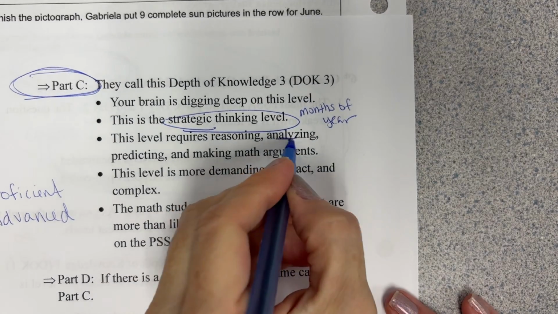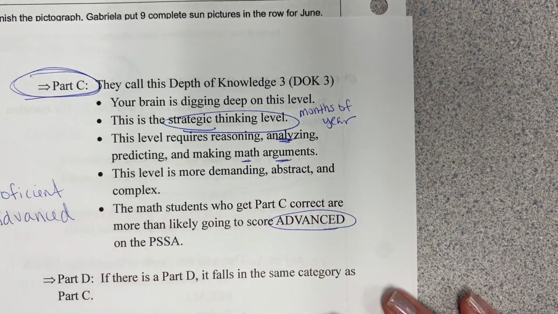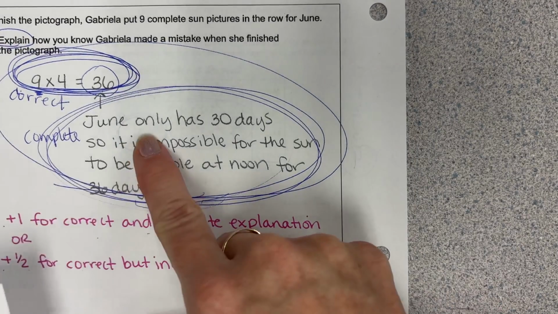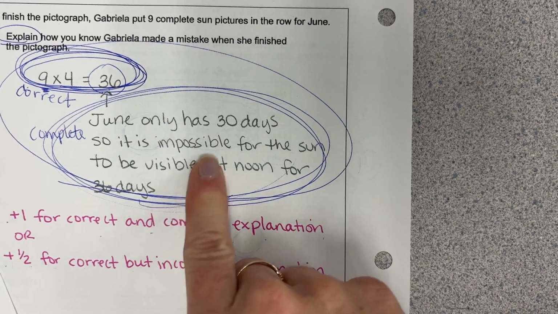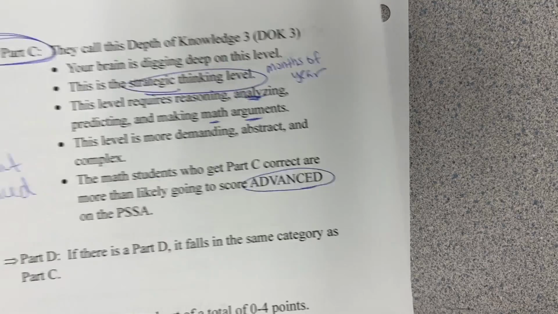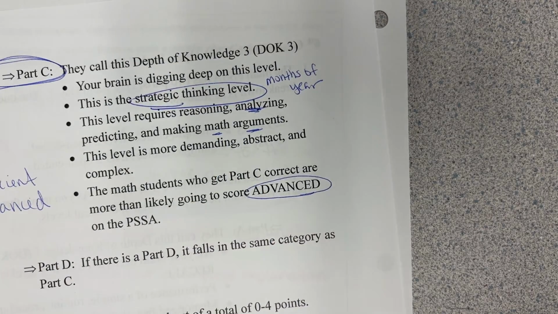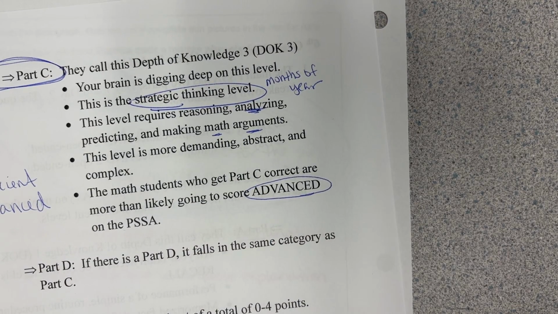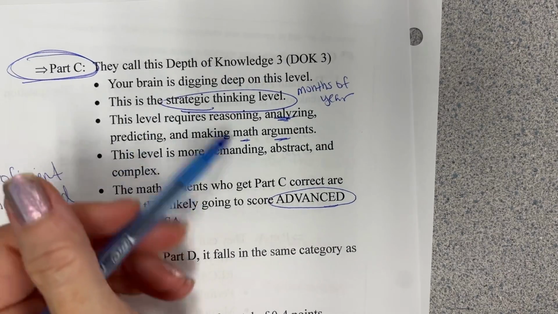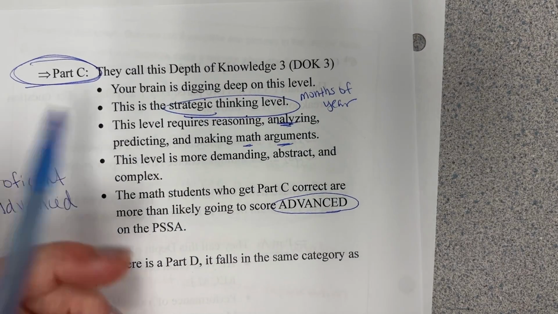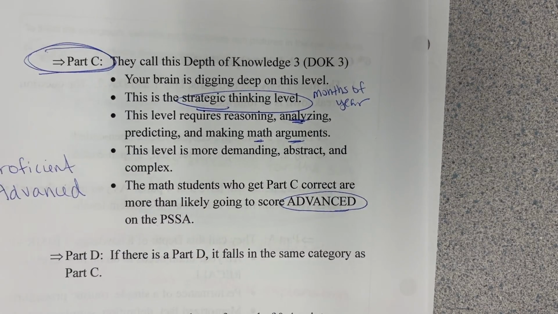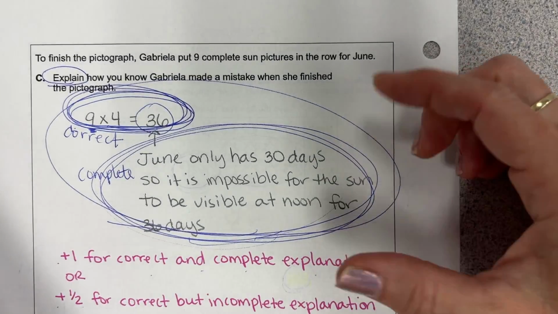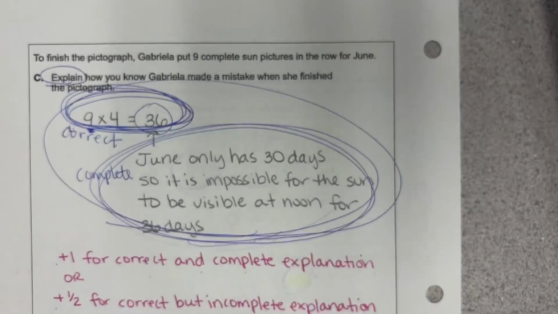It's a little bit of analyzing there. You're making a math argument when you say, hey, June's only got 30 days, so there's no way this is happening. That's a math argument. I didn't think this part C was too tough, I've seen more difficult part C's in my experience, but you had to think about the days in the month, so we'll let it ride.